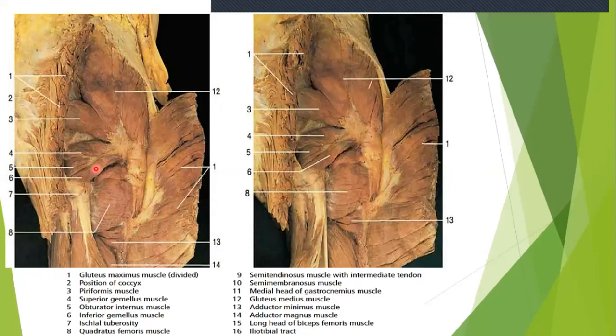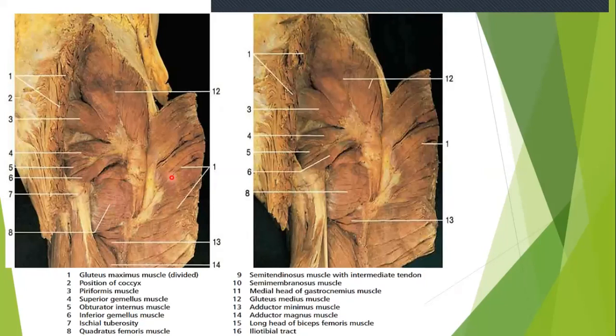Then I want you to see something. The nerve to obturator internus will innervate this muscle which is above it. So the nerve to obturator internus will also innervate the superior gemellus. The nerve to quadratus femoris will also innervate the inferior gemellus.